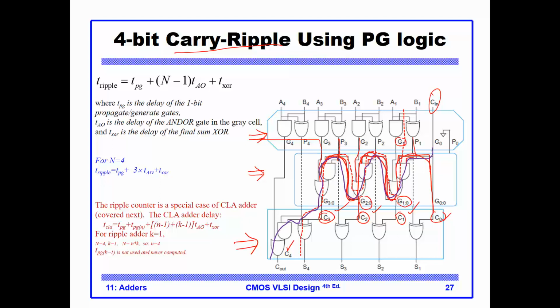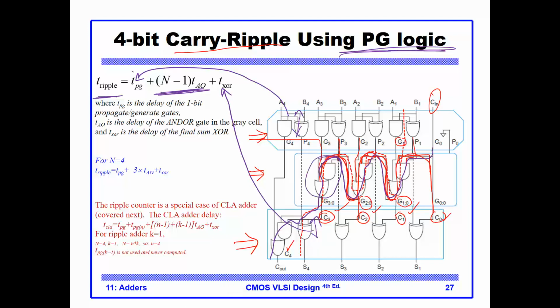It turned out for this carry ripple, which uses the PG logic, I haven't gained really much, because the delay for this is equal to the delay through the PG gates here, the delay through the exclusive OR for the sum, and then the delay through these gates.